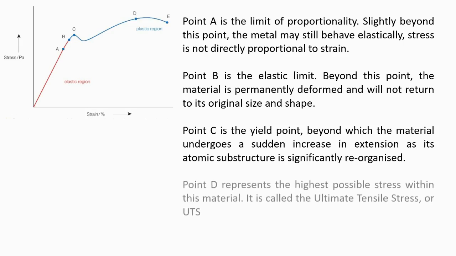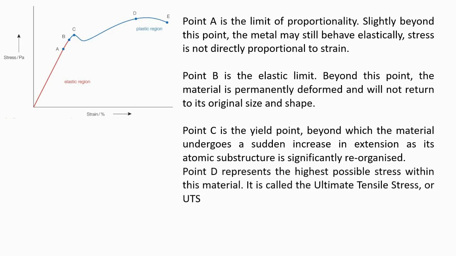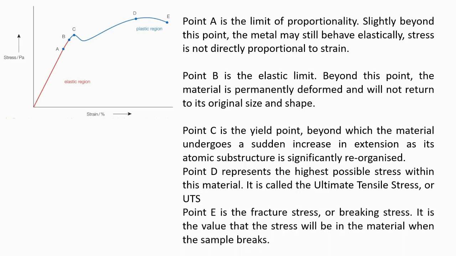Then what about point D? Point D represents the highest possible stress within this material. This is called the ultimate tensile stress, the maximum stress that can be withstood by this material. Then point E is the fracture stress or breaking stress.